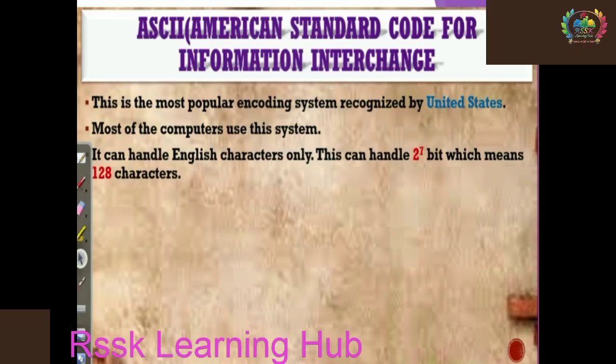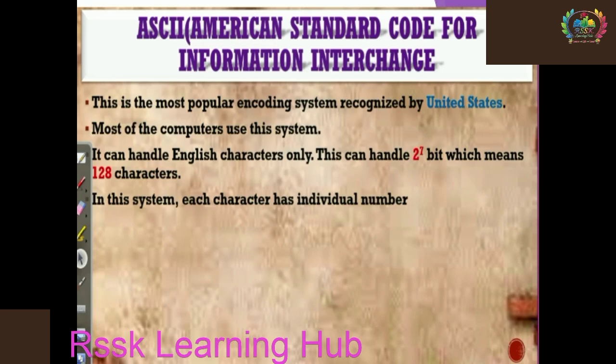If you specify A, the system will automatically take your ASCII code. It can handle 2 power 7, which means 128 characters. BCD handles 2 power 6, that is 64 characters, and this ASCII code handles 2 power 7, that is 128 characters.